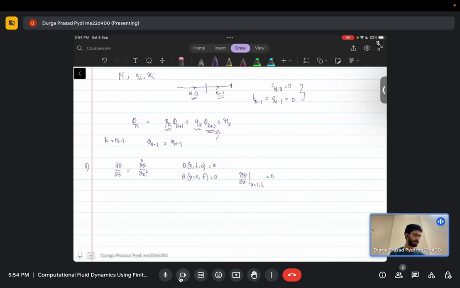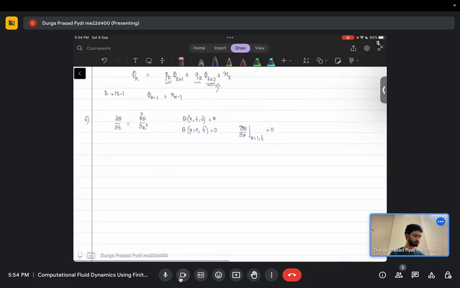This is the adiabatic condition. So as always, this is my x equal to 0, and this is say x equal to 1. If we first discretize it, we first take the faces, and then we consider the cell centroids.